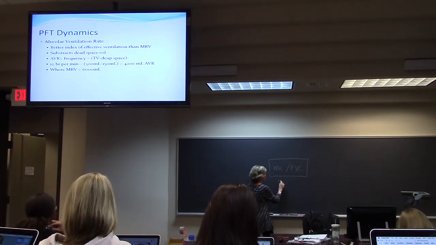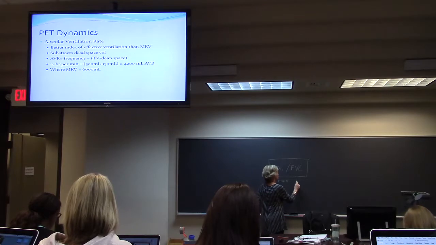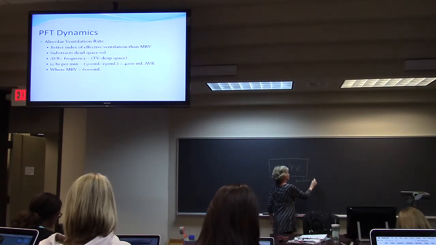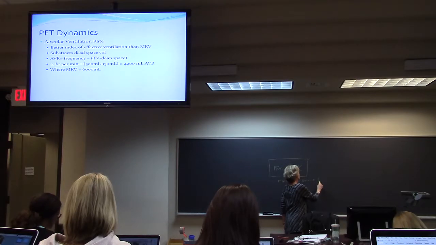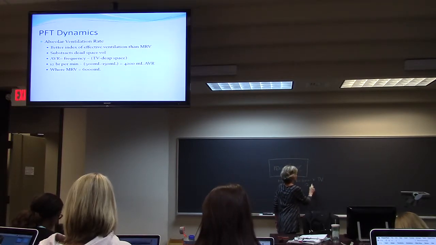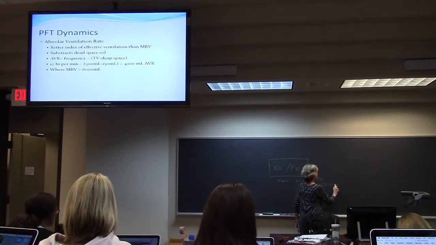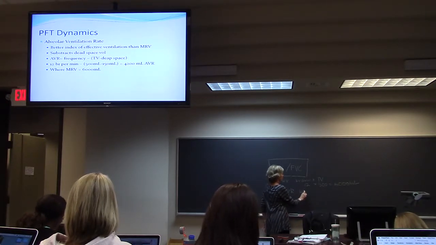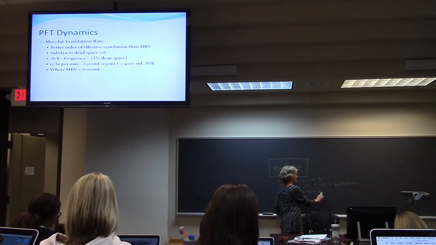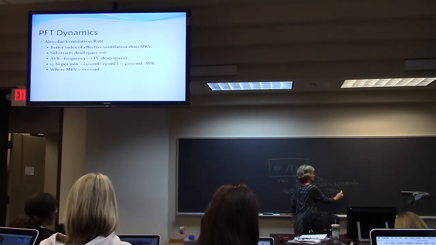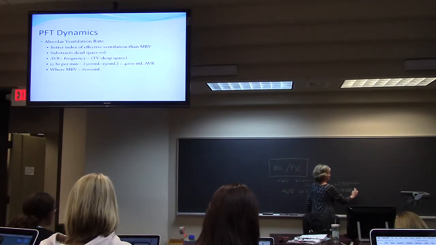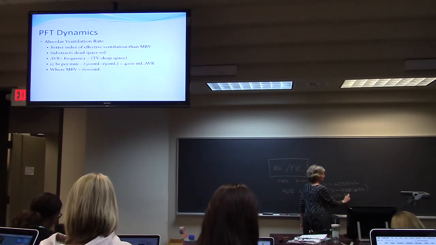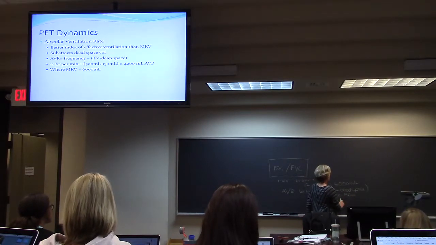So minute respiratory volume was the breaths per minute times the tidal volume. So that's 12 times 500, so that was 6,000. Here, for alveolar ventilation rate, we're taking the breaths per minute times tidal volume minus dead space, which is 500 minus that anatomical dead space, or 350 mils.